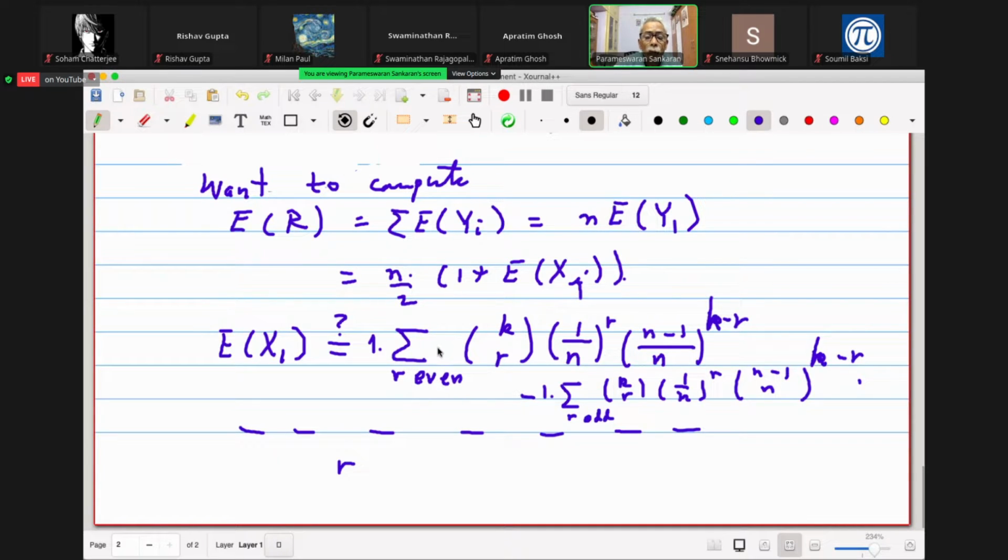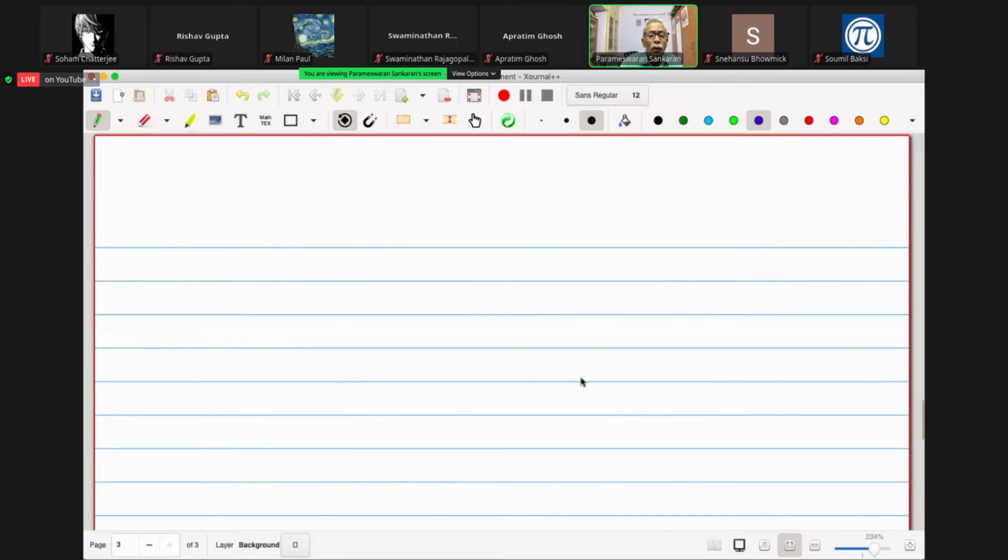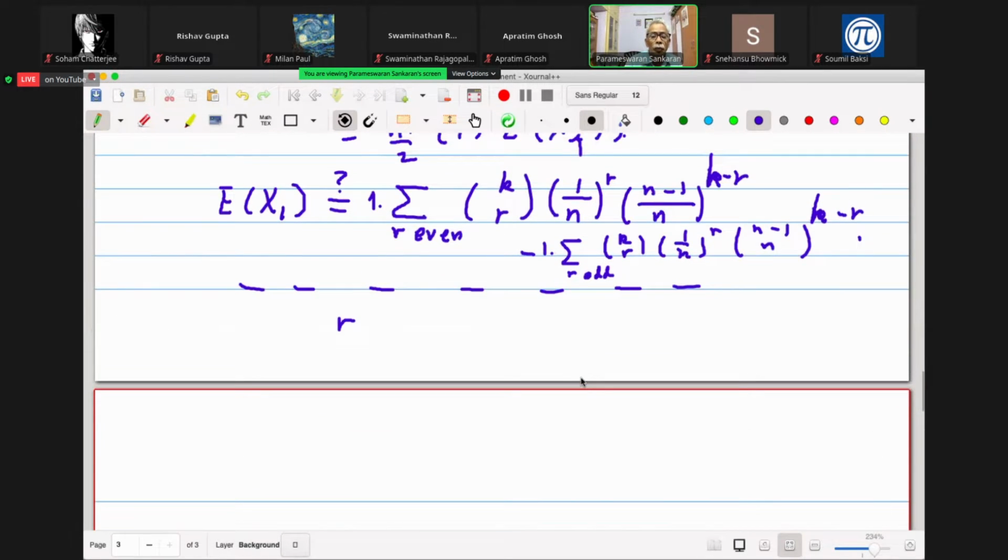The favorable ones are, when is the first ball back in the urn, precisely if it is moved an even number of times, and it is not there if it is moved an odd number of times, and you are computing the expectation. So this is what it is. Now let me continue. Sorry, this is getting split into two pages. Anyway, let me write, but this is easy to compute, right?